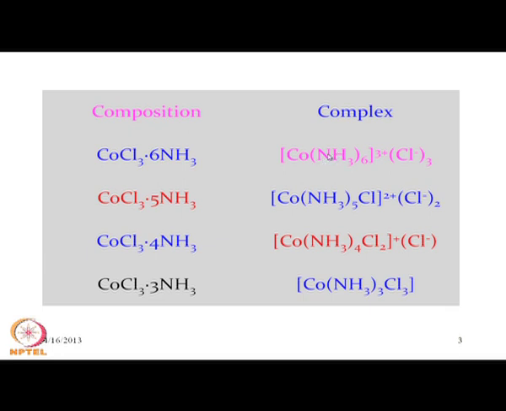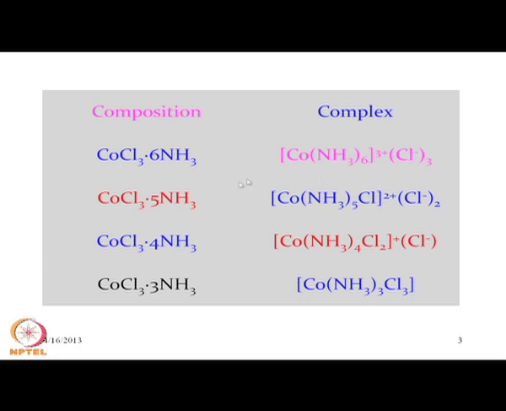We have 6 ammonia groups attached to the cobalt and we write them in square bracket, and this square bracket tells us that within it we have not only the cobalt, but also the ammonia molecules, and the stoichiometry of cobalt and ammonia is 1:6. That means, whenever we have one cobalt center, we have 6 ammonia groups surrounding this particular cobalt center, and in the second sphere of attraction we have 3 chloride anions.